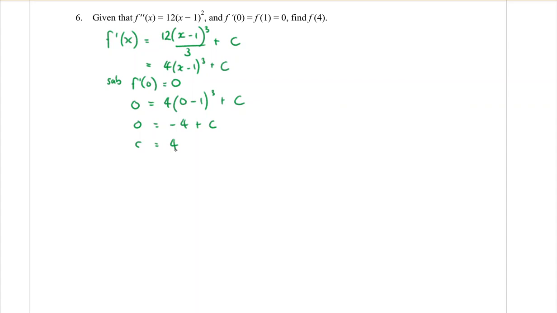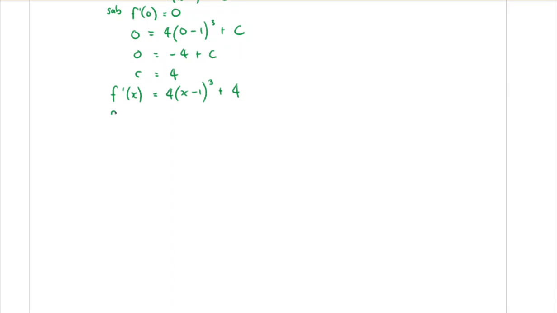So my complete equation for the first derivative is 4 bracket x minus 1 cubed plus the 4 that I just found for the constant. One step. Now do all that again to find the original function. So now f of x. Okay, just one step at a time. Integrate that now.